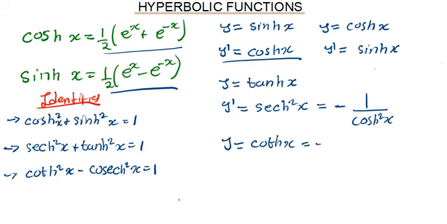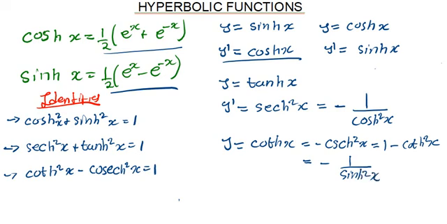We are going to get minus hyperbolic cosec squared of x, which in turn, if you look at the identities, is also equal to minus 1 over hyperbolic sine squared of x.